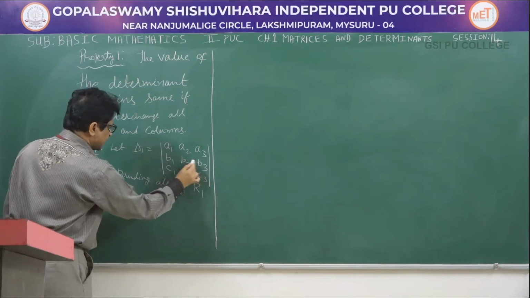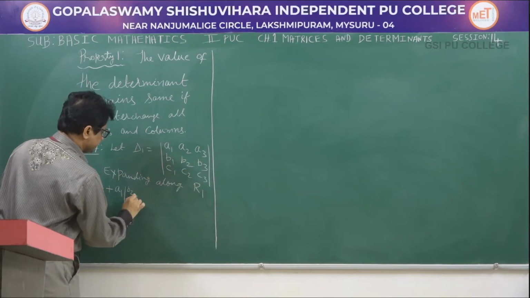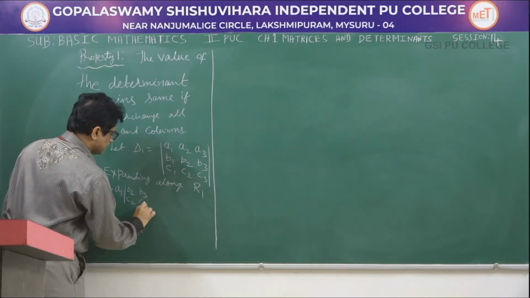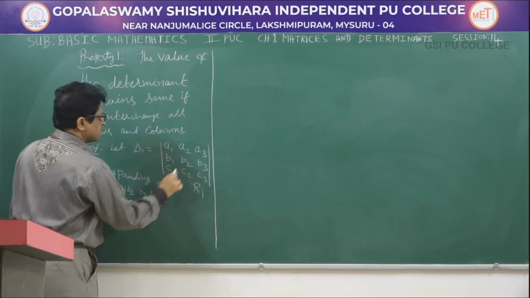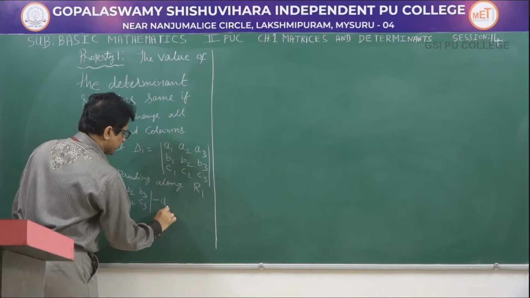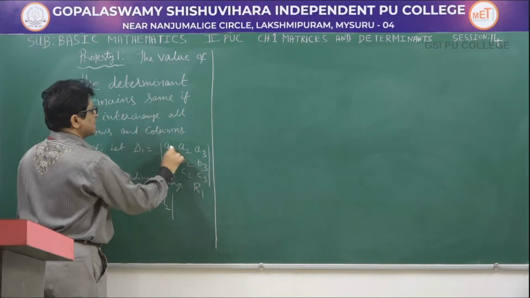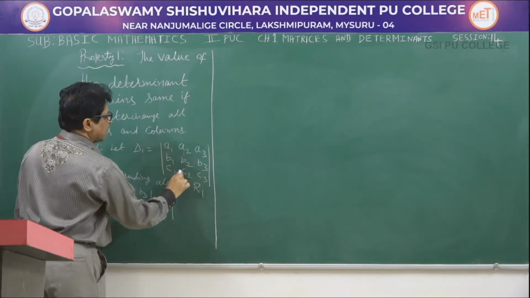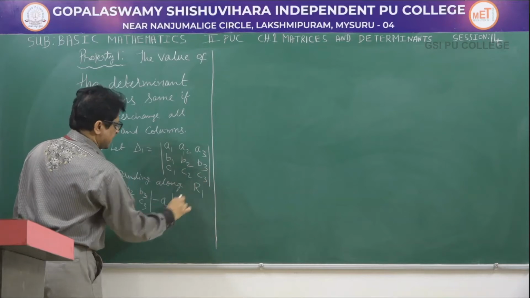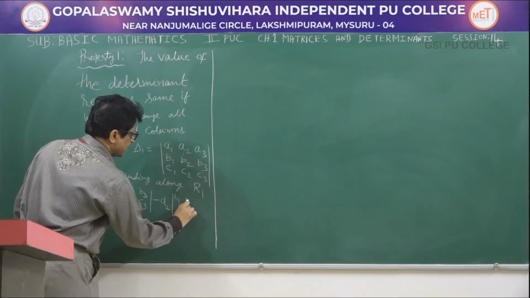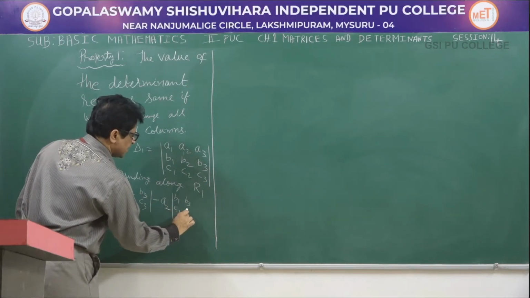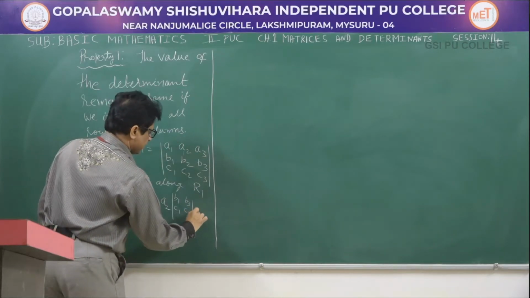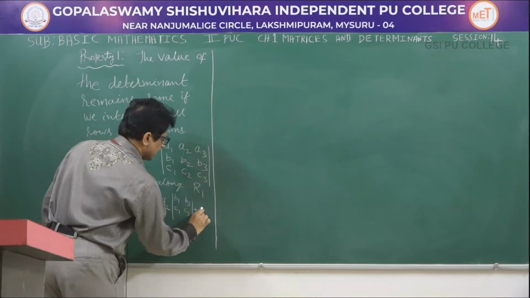Determinant of B2, B3, C2, C3 minus A2. A2 lies in the first row and second column, we eliminate the first row and second column and take the determinant of the remaining elements, that is B1, B3, C1, C3 plus A3.